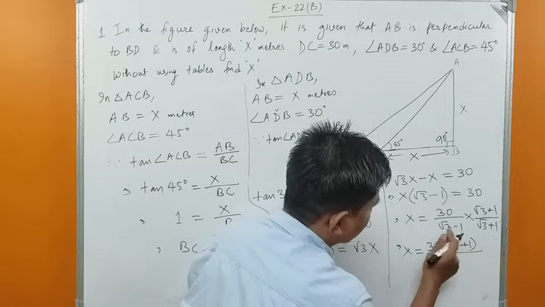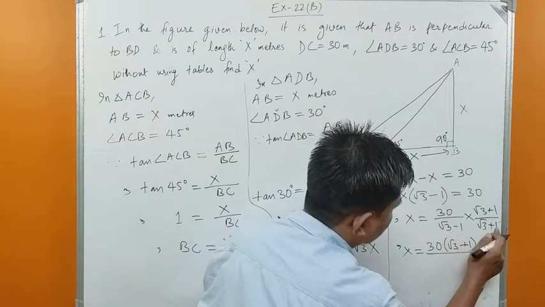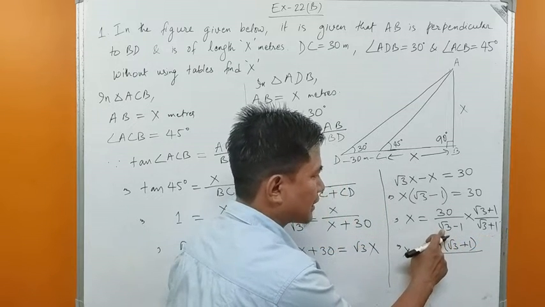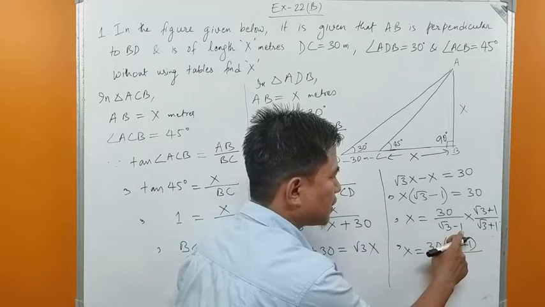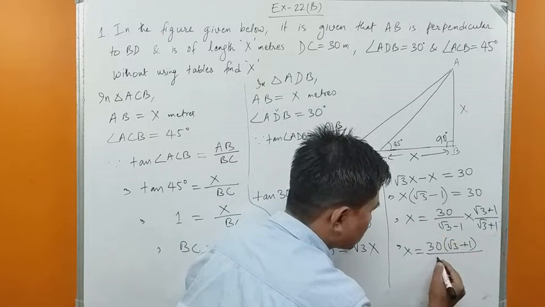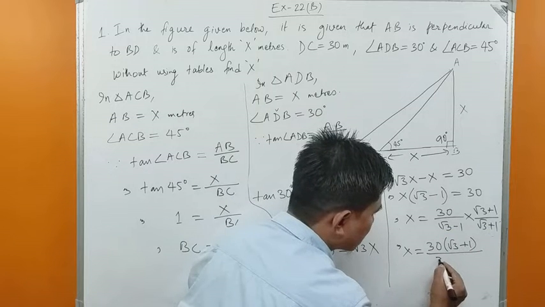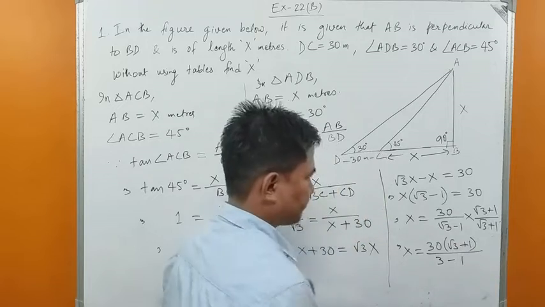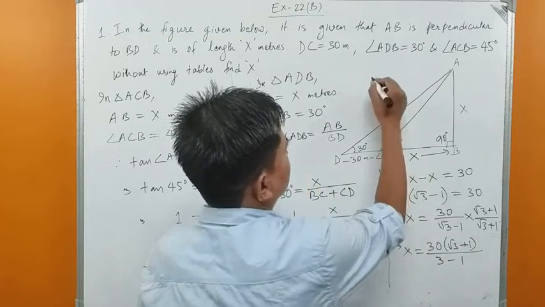So here we have a minus b into a plus b, that is a square minus b square. Root 3 is assumed as a and 1 is assumed as b, okay? So root 3 square means 3, minus 1 square means 1.